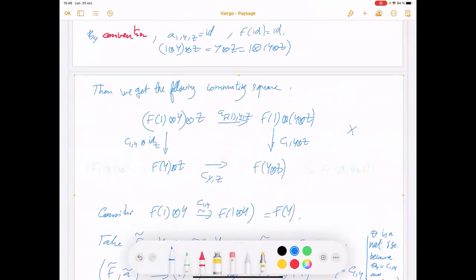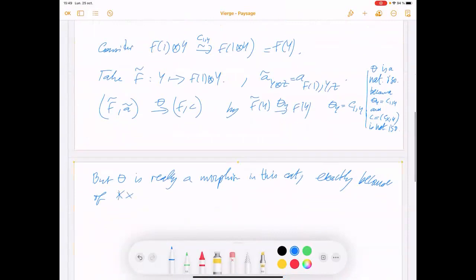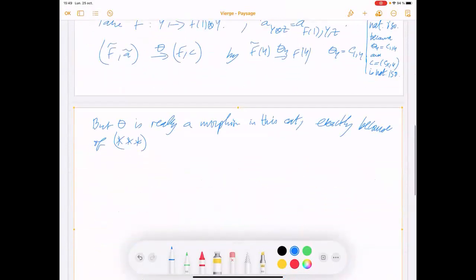So let's call it like that. In my notes, I called that with 3 stars. So this diagram is exactly what we need to make theta a morphism of this category. So it's a morphism.